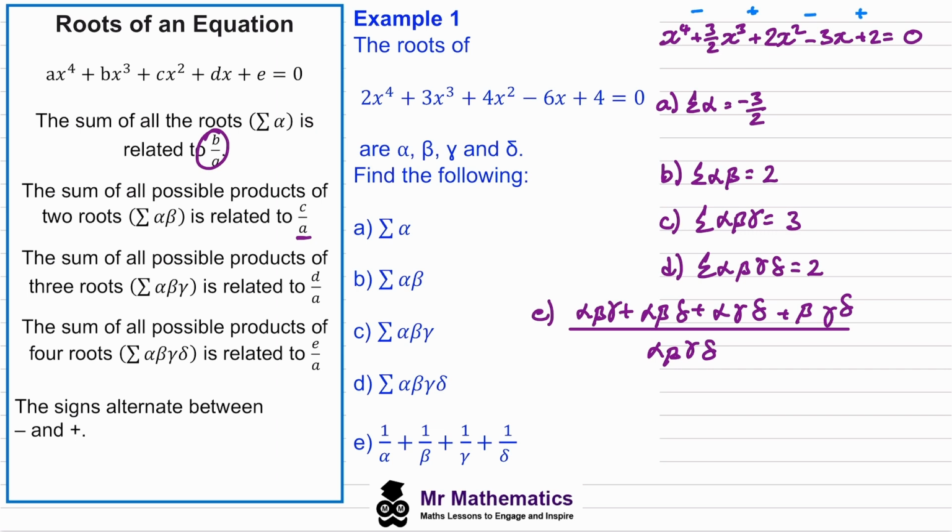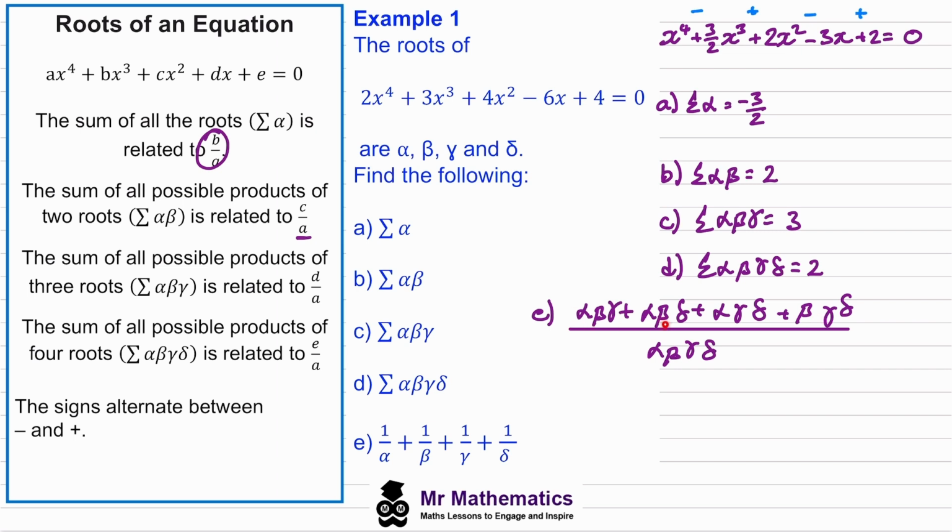Because what will happen is that this alpha, beta, and gamma will cancel with these three, so we're left with 1 over delta. This alpha beta delta will cancel with these three, so we're left with 1 over gamma. And the same will happen with the other two terms.